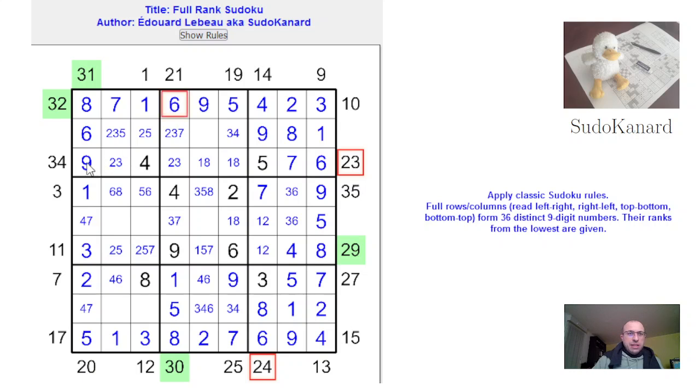This is 21, this is 22. So this number must be bigger than this one. And this is the second digit, so this digit must be bigger than this one. So this is never a 7. And this is never a 2. This 2-3 pair makes this a 4.